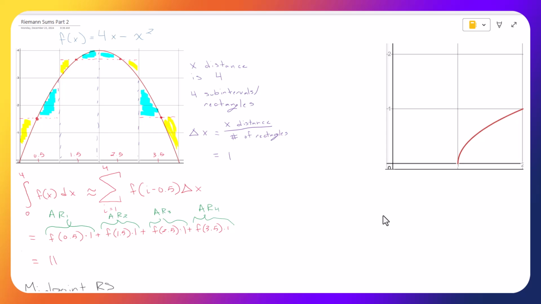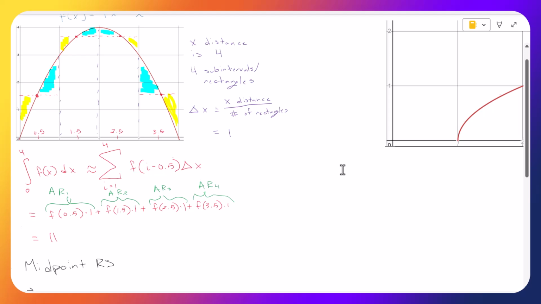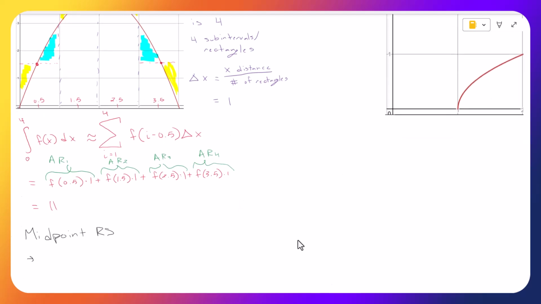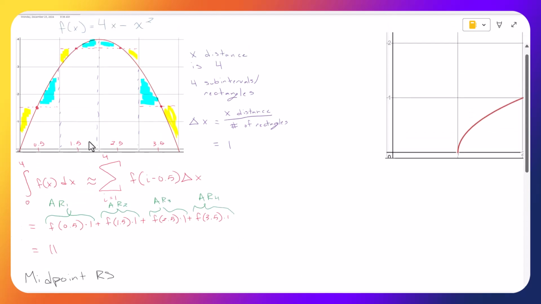It's not perfect, but the other piece to this is, if you look at the graph I gave you today, I didn't give you a strictly increasing or decreasing graph. What I gave you is a concave down graph. And for midpoint Riemann sums, whether we're under approximating or over approximating has to do with the concavity of our function.